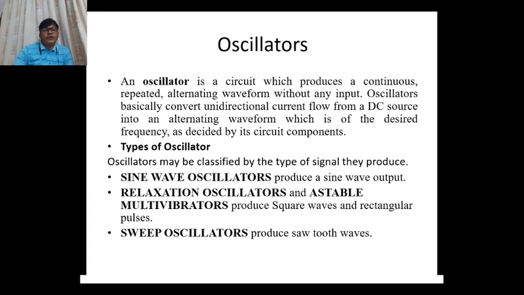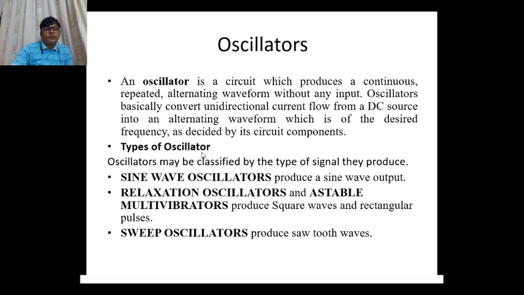Means DC is converted into AC, which is of the desired frequency as decided by its circuit components. What you can say oscillator? Oscillator is a circuit which produces a continuous repeated alternating waveform without any input.